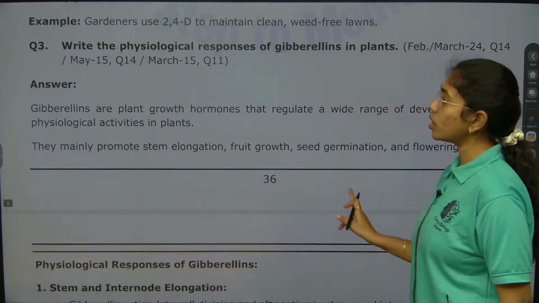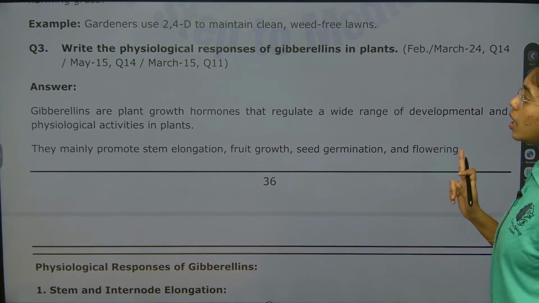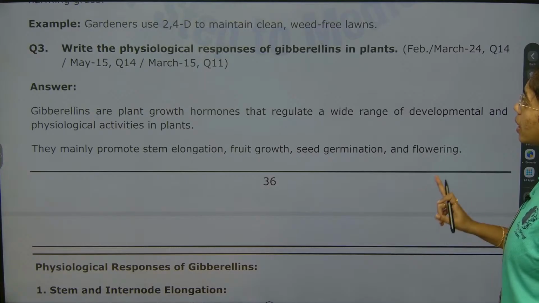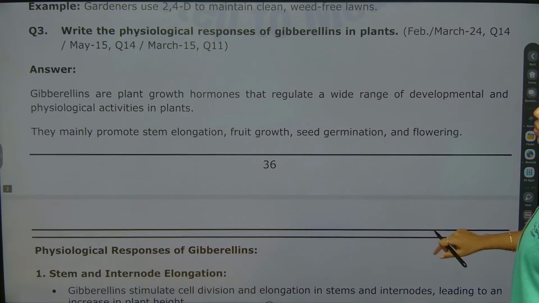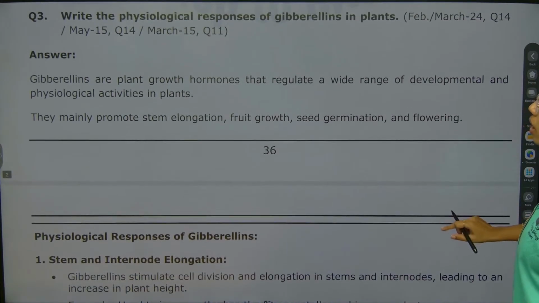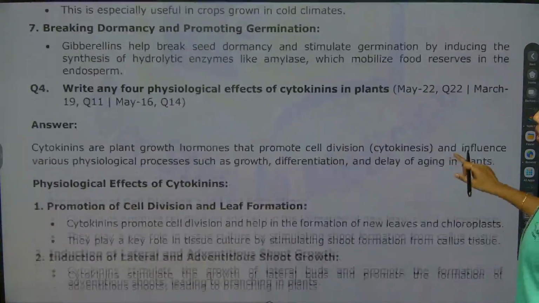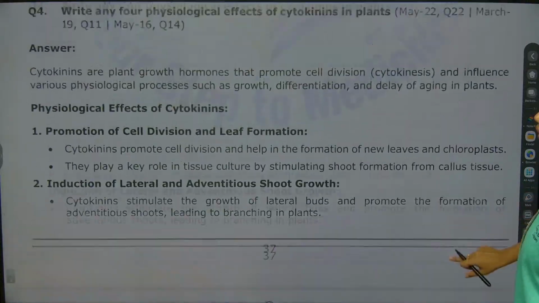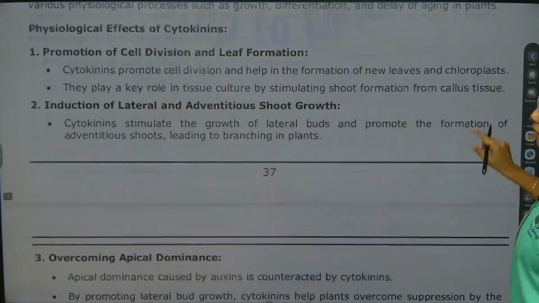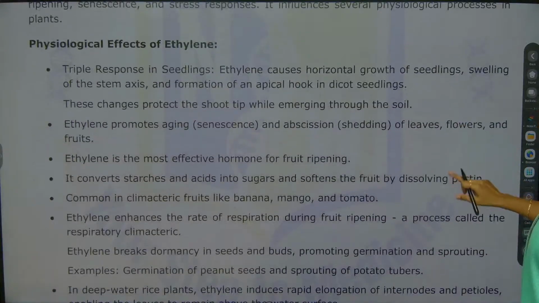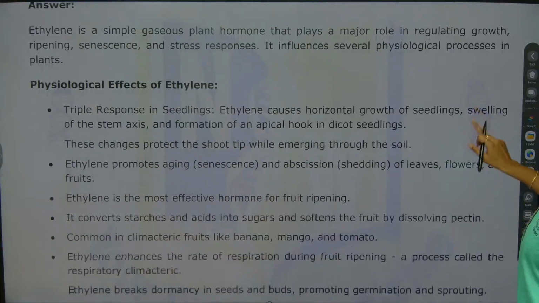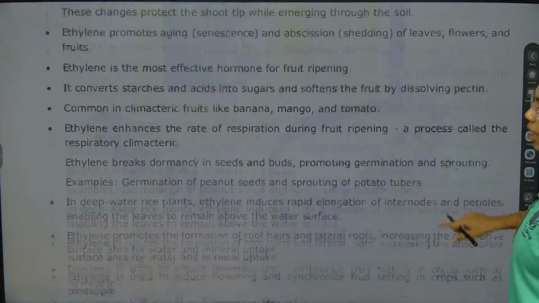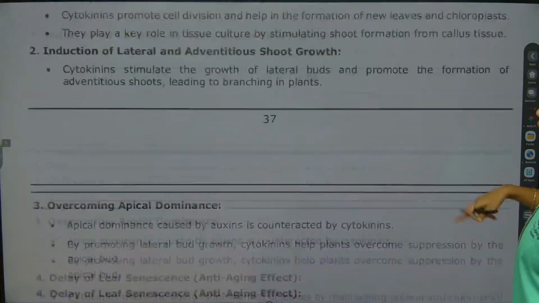So next question you see: write physiological responses of gibberellins in plants. That will be the third. And then physiological effects of cytokinin, and then physiological effects of ethylene. Three physiological effects you have to note.